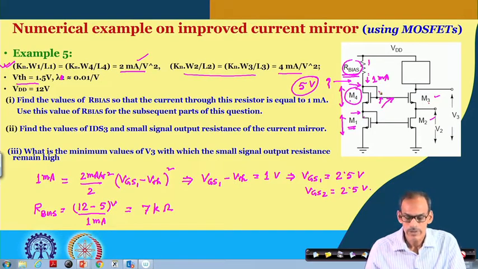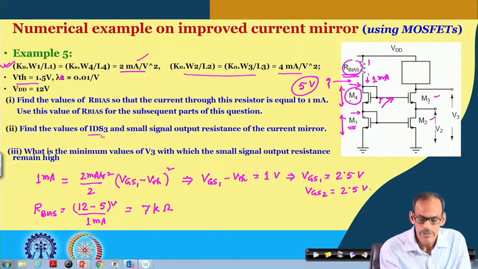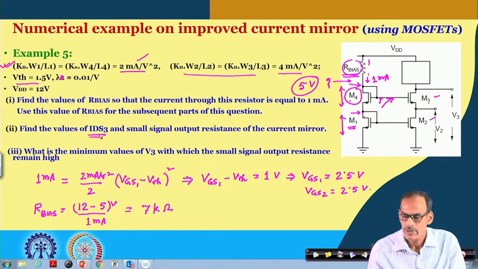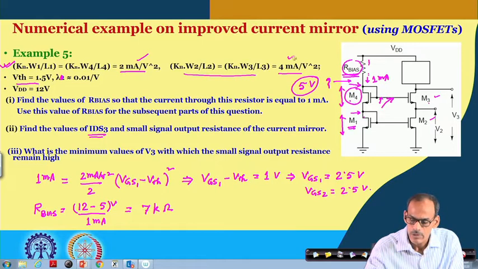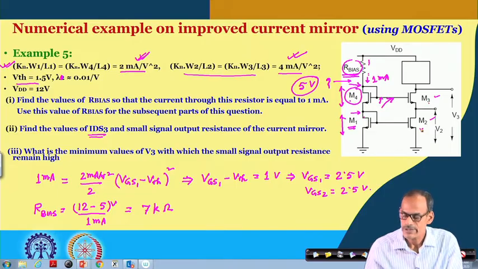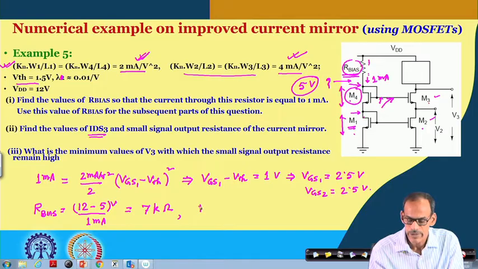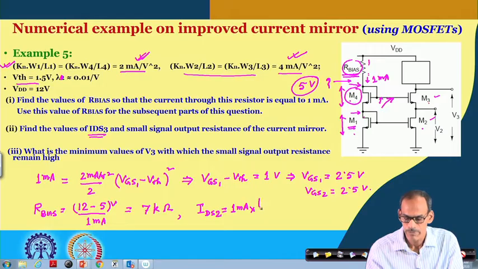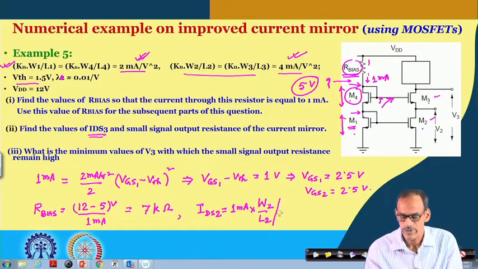Now, we can try to find the value of this IDS 3 in the same way, and here the ratio of the aspect ratio of transistor 3 channel and transistor 1 channel is 2. So, the IDS 2 equals the reference current 1 milliampere multiplied by W by L of transistor 2 divided by W by L of transistor 1.